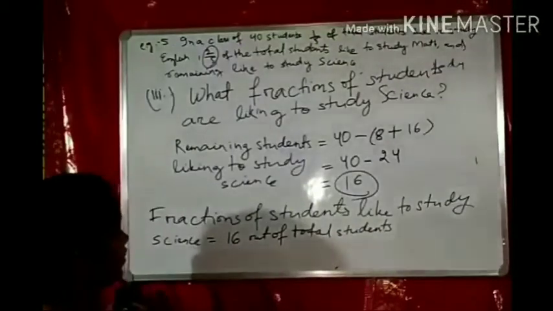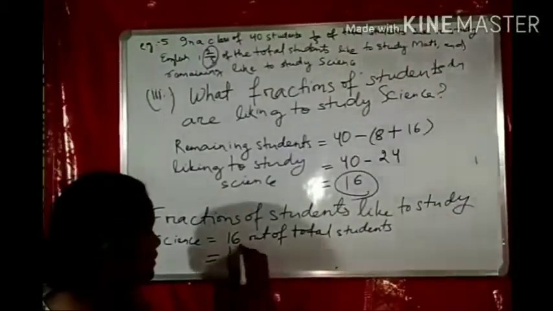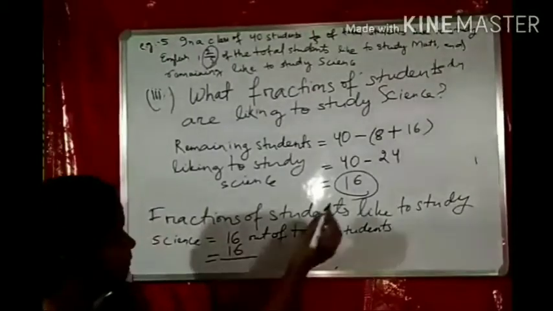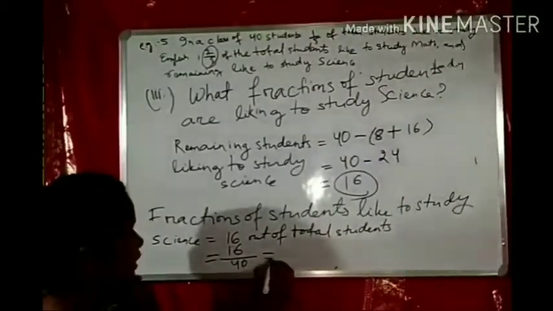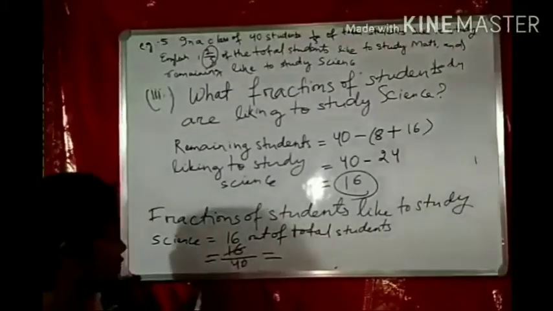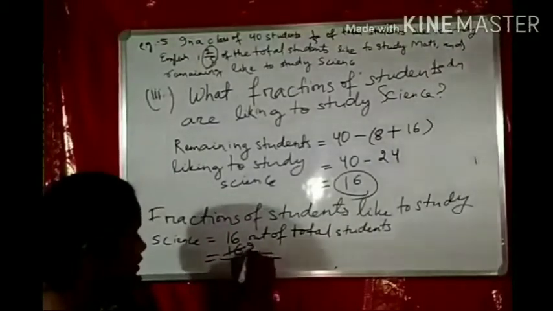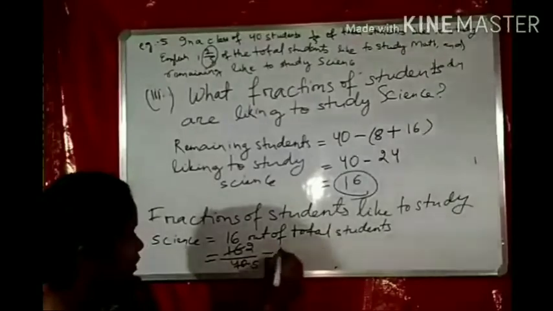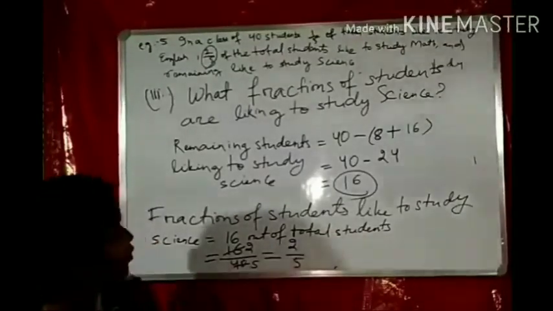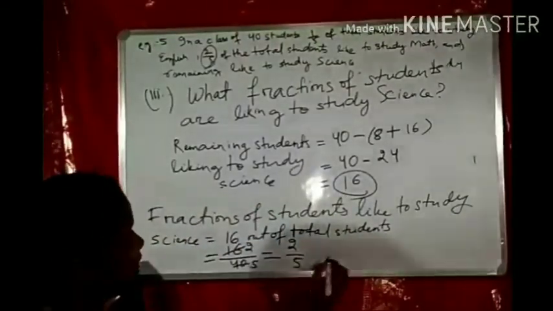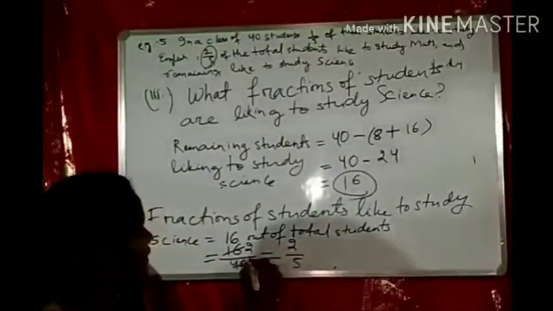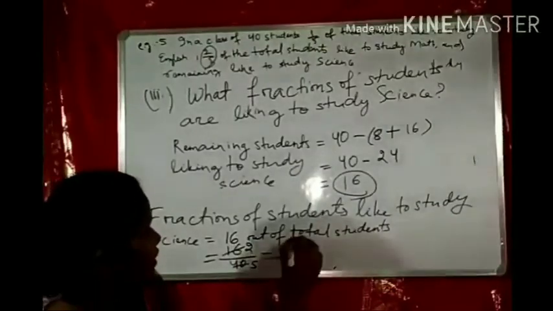So we can write it as 16 by 40. So 16 by 40, you can reduce it. 8 twos are 16, 8 fives are 40. So you can write 2 by 5 of the total students are liking to study science. So this one is the answer.